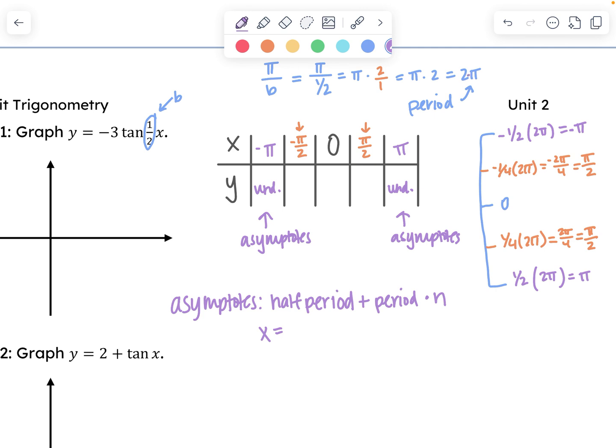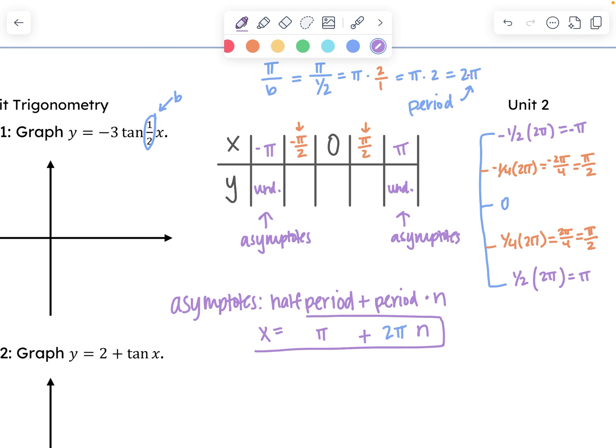Well, if my period is 2 pi, I can say plus 2 pi n, because my period's 2 pi. And then half of that would just be pi. So that would be the equation for my asymptotes using my period. This would be something that would be really helpful to remember. Half of the period plus the period times n.